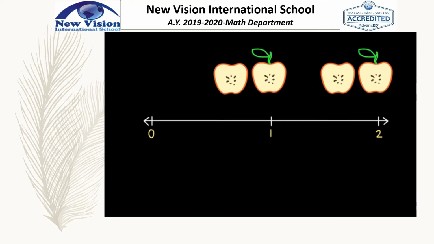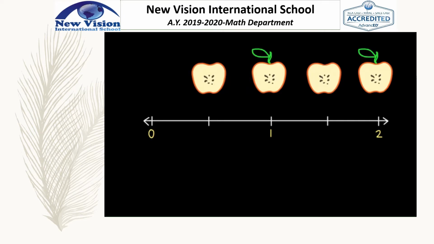We still have 2 apples, but now there are 2 parts to each apple. The hash marks between the whole numbers show that each apple is divided into halves. Each mark equals 1/2. So how many halves do you see? 1/2, 2 halves, 3 halves, 4 halves. 2 halves is an equivalent fraction for 1. 4 halves is an equivalent fraction for 2.